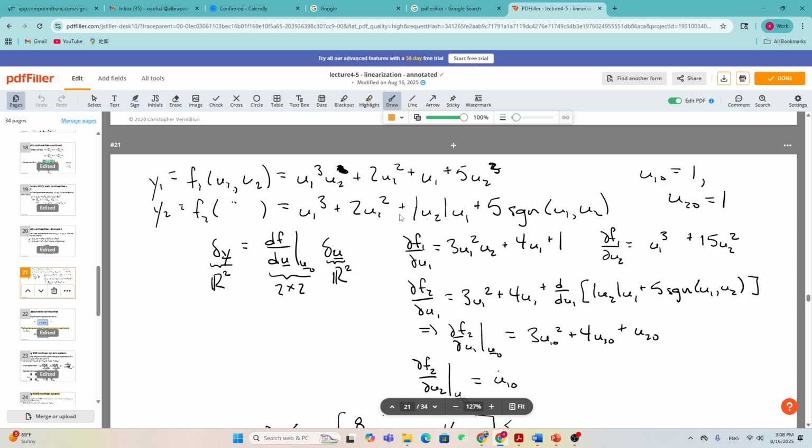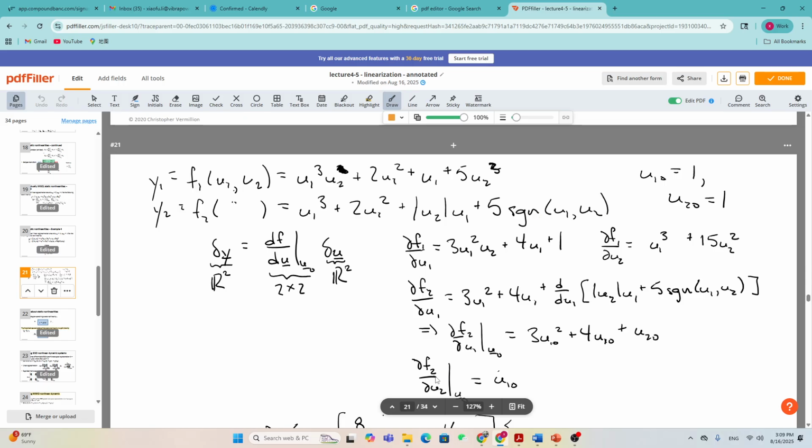With respect to u2, you have u1 cubed plus, okay, this is u1, so with respect to u2 it will be 0. This is also 0. Then you have 15u2 squared. The other one has the sine function. What you can consider is that this sine function is always a constant, so it's almost always a constant.